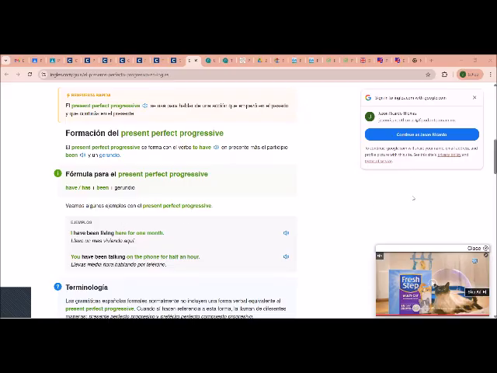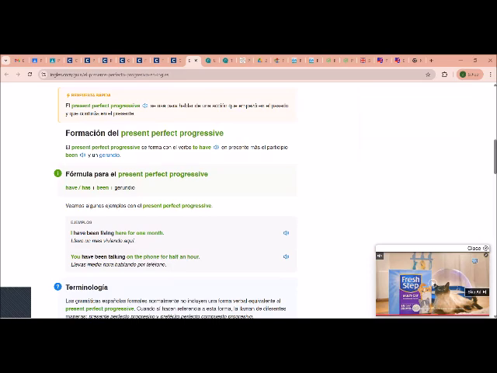Now, for some reason or the other, we want to express an idea from the past that continues to our present and that is possibly something that's occurring over time. Now, that's why it's super important for us to use for and since.